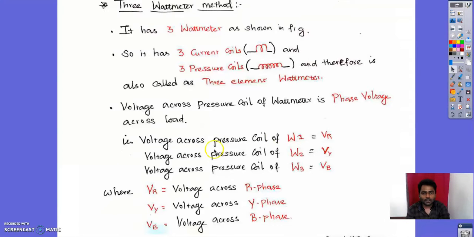The voltage across the pressure coil in wattmeter 1 is VR, that is, the voltage across R phase. Similarly, the voltage across the pressure coil of wattmeter 2 is VY, and for wattmeter 3 it is VB. So VR, VY, VB are the voltages across R phase, Y phase and B phase respectively.